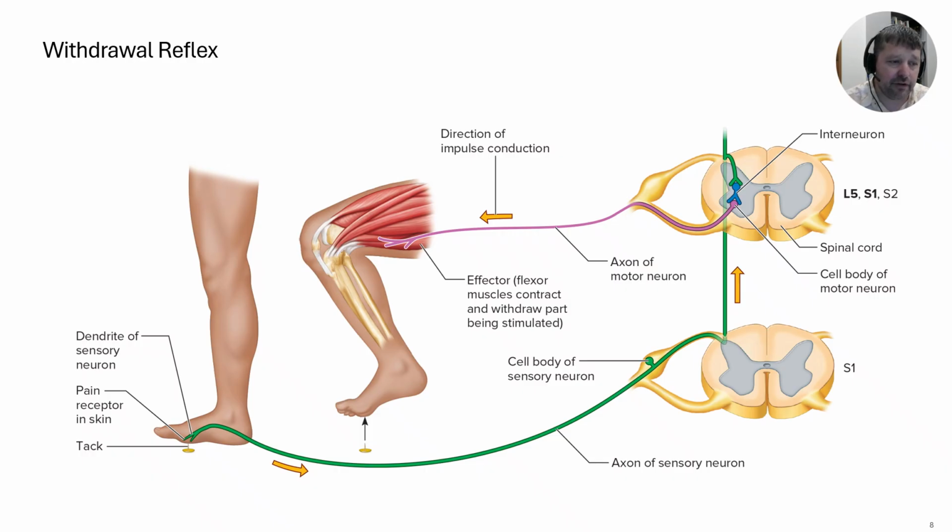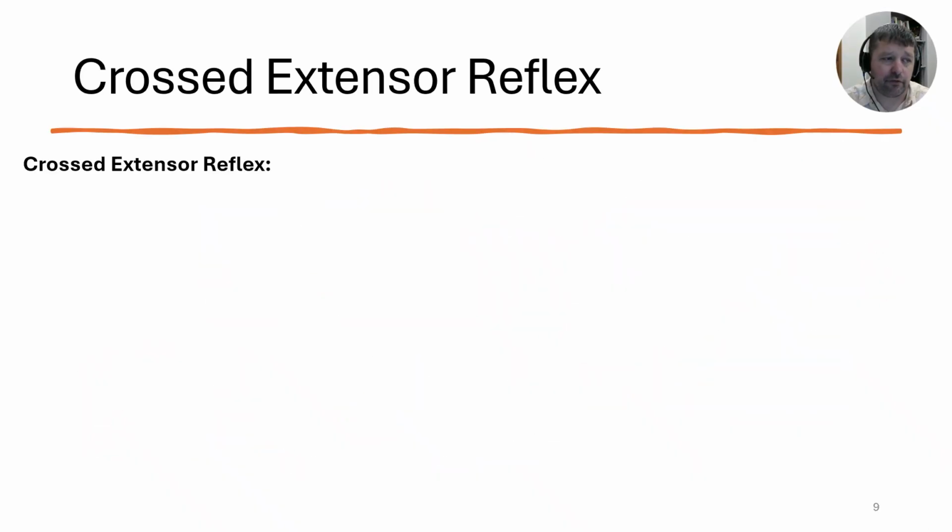Okay, so if you're lifting this limb to avoid this pain, the other limb needs to have a response so you don't fall over. Okay, and so if we look at a crossed extensor reflex, this will often happen related to balance.